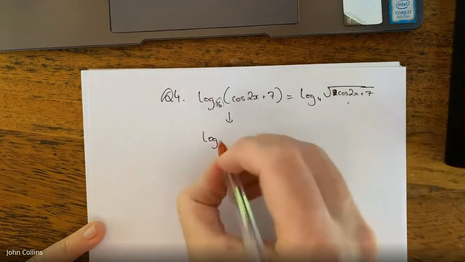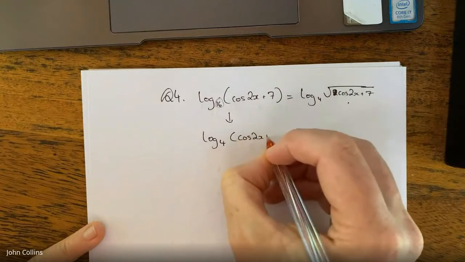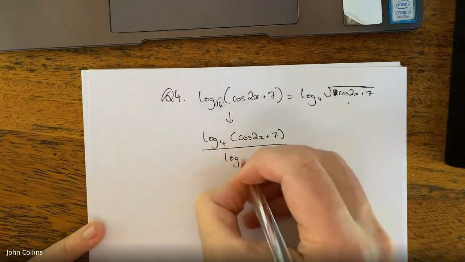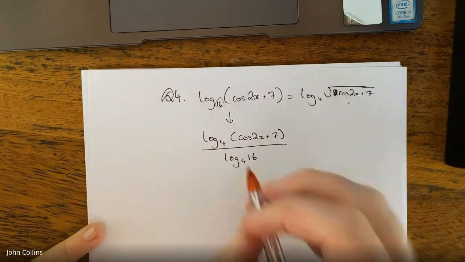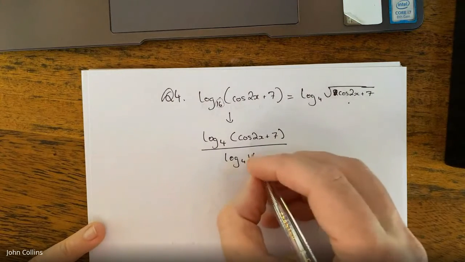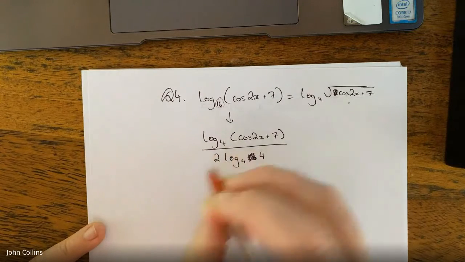I'm picking log 4 because I want log 4. Log 4 to the cos 2x plus 7, and that's going to be over log 4 to the 16. So using the change of base rule. 4 to the 16, 4 squared, of course. So I'm just going to change that to 4 to the 2.